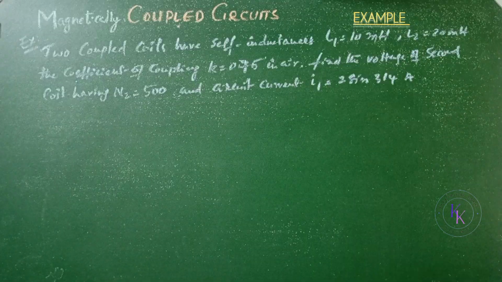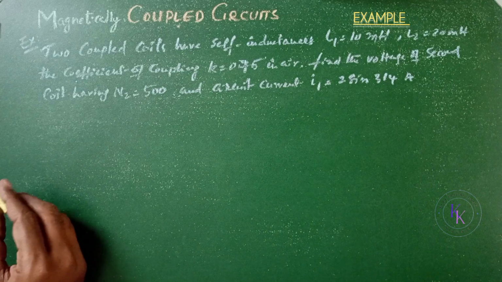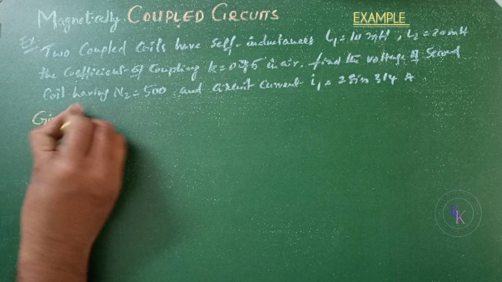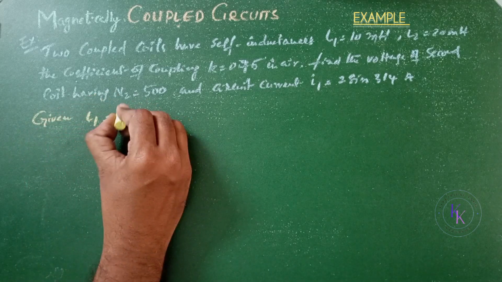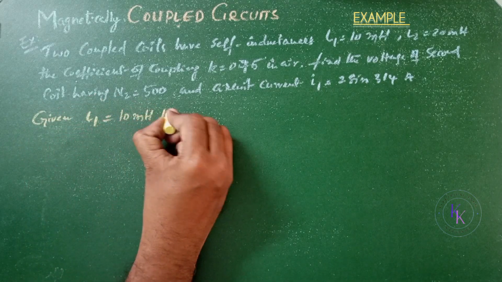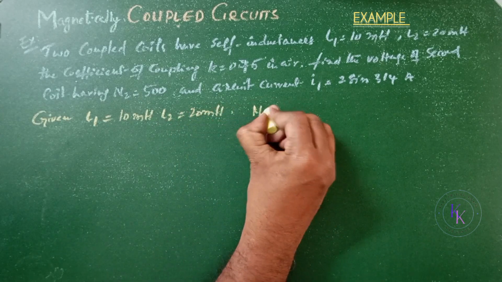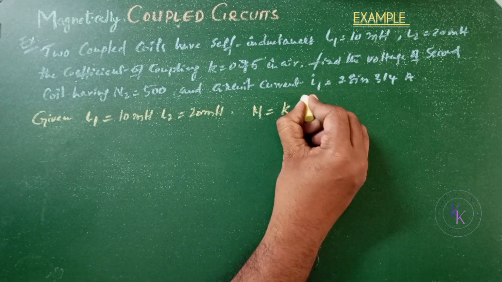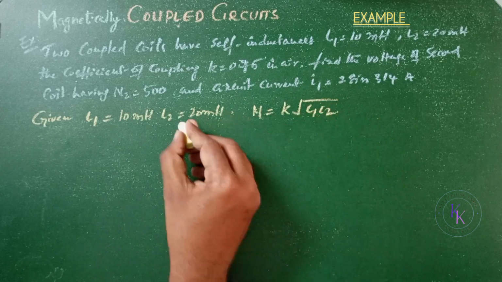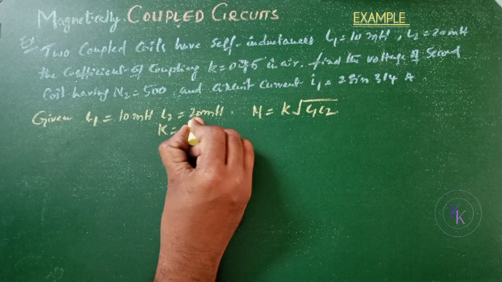Example: two coupled coils have self-inductances L1 and L2. The coefficient of coupling K equals 0.75. Find the voltage of the second coil having 500 turns, with circuit current I1 equals 2 sin 314t. Given L1 equals 10 millihenries and L2 equals 20 millihenries, then the mutual inductance M is given by K times the square root of L1 L2, and K is given as 0.75.